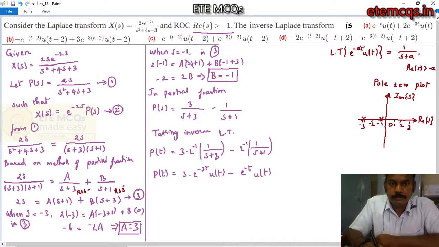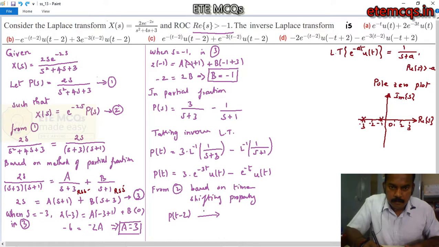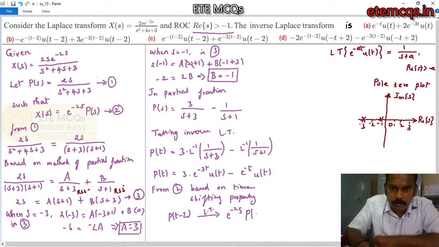Okay, now that we have found p of t, we are supposed to find x of t. From equation 2, based on the time shifting property, p of t minus 2 on taking Laplace transform becomes e power minus 2s into p of s.